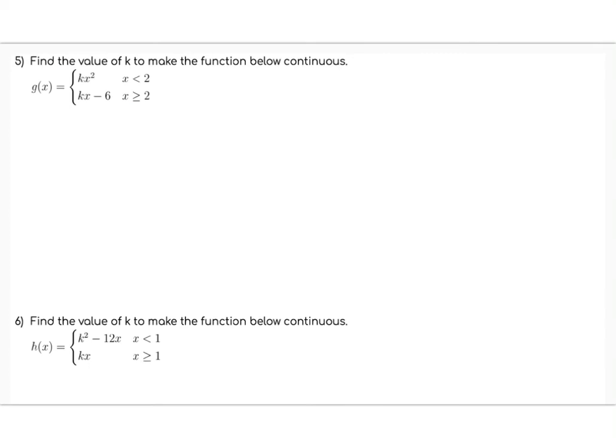All right, next up we've got a value of k. Here we've got to, again, start from the limits. The limit as x approaches 2 from the left, that's my top one, of kx squared is going to be equal to 4k.